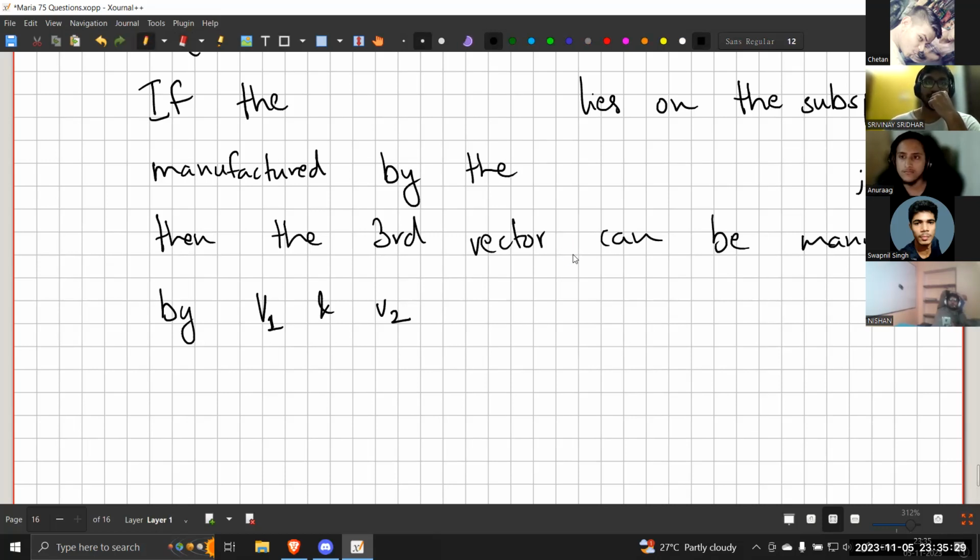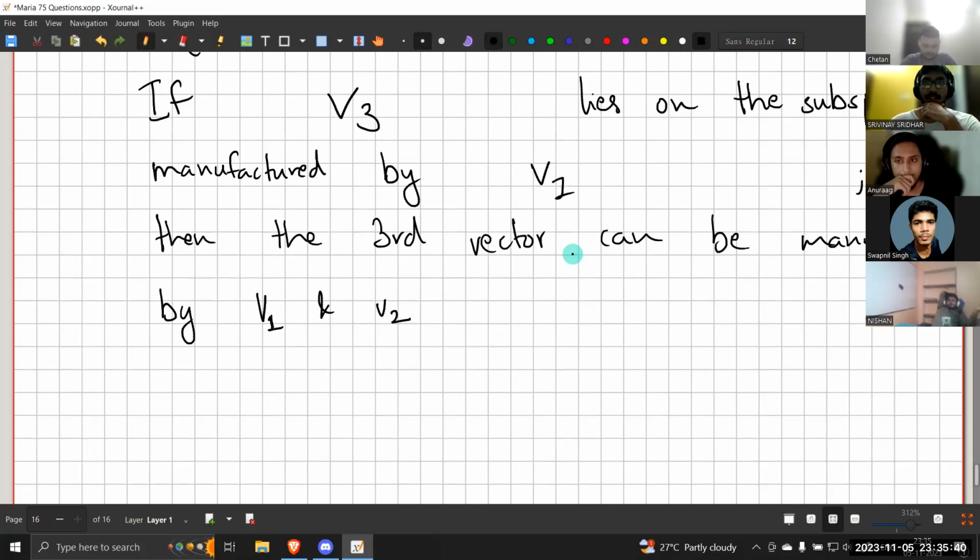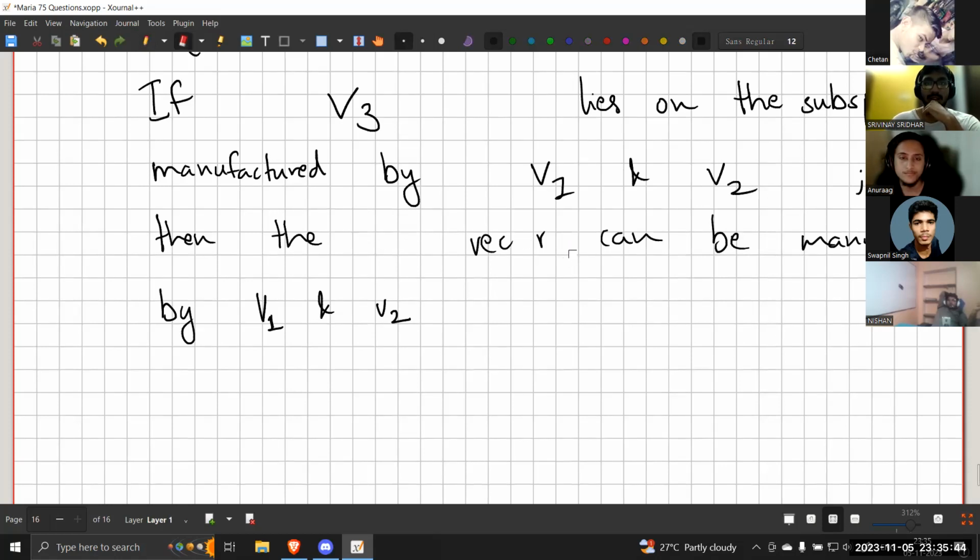If V3 lies on the subspace manufactured by V1 and V2, then V3 can be manufactured by V1 and V2, right? And by manufactured, it means linear combination. Linear combination, yes.